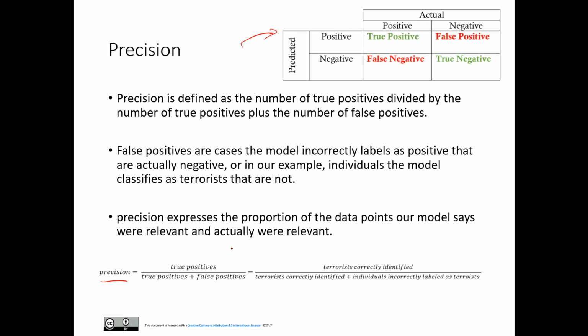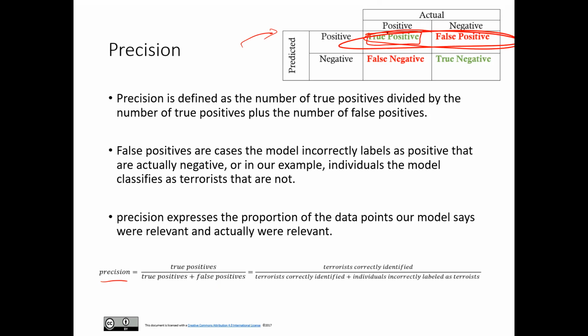Precision is where we have the true positives on the numerator, and on the denominator, we have the true positives plus the false positives.